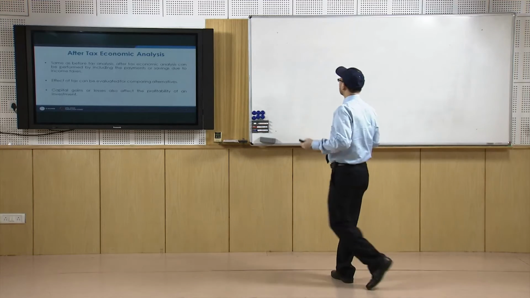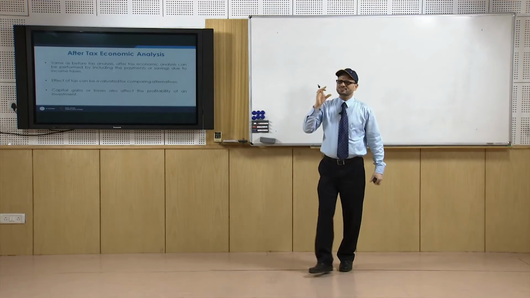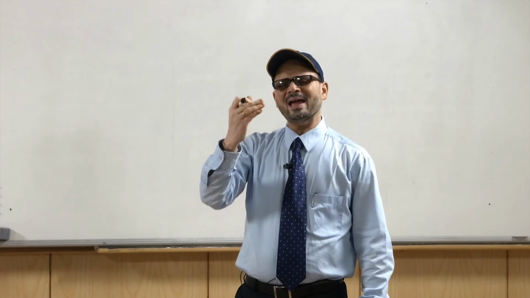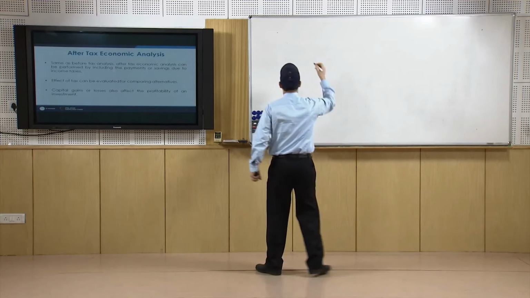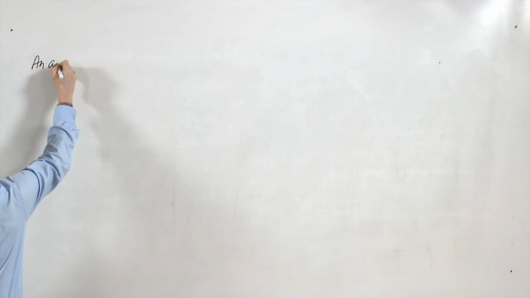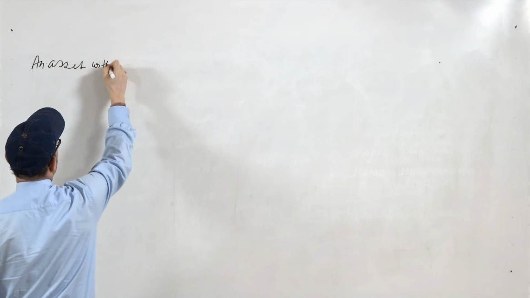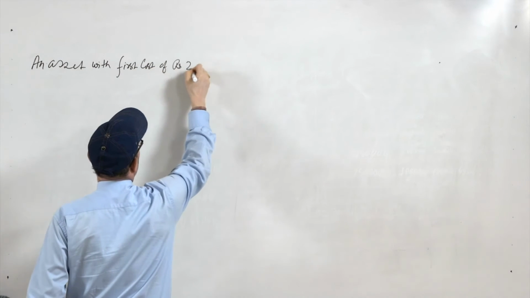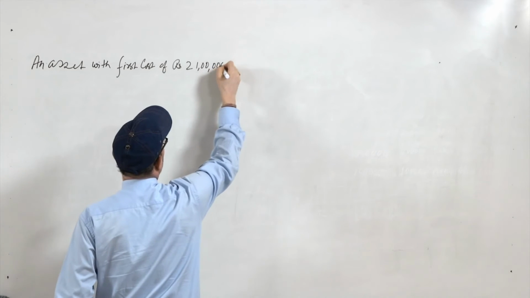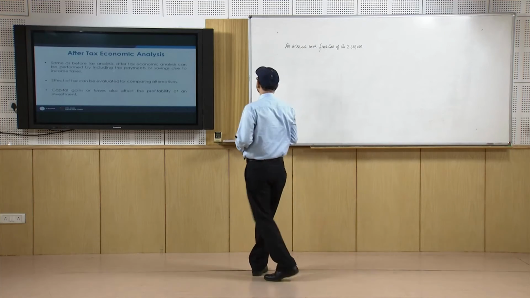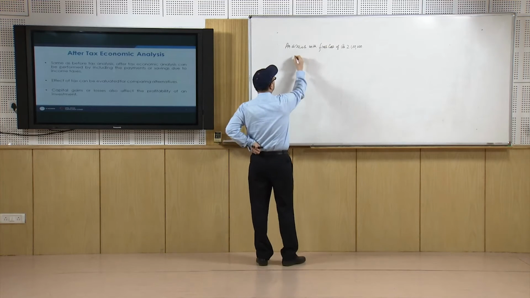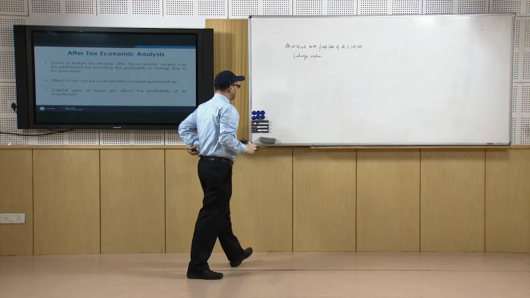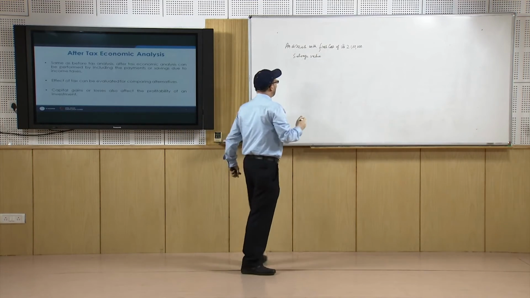So, let us take an example where the effect of salvage value will be considered to see its effect on the cash flow. An asset is there with a first cost of 21 lakhs. This asset has a salvage value at the end of its life given as 5 lakh.